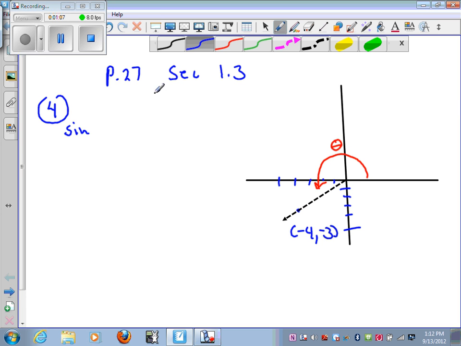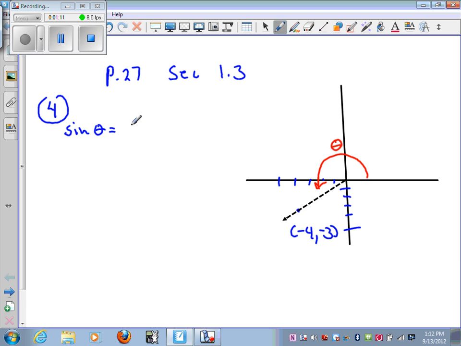So when I say sine of theta, it's going to be the y value over r. So I have to calculate r. And r is equal to the positive square root of x squared plus y squared.